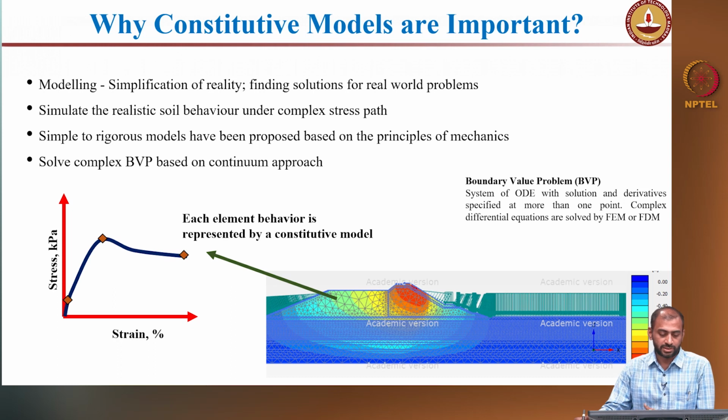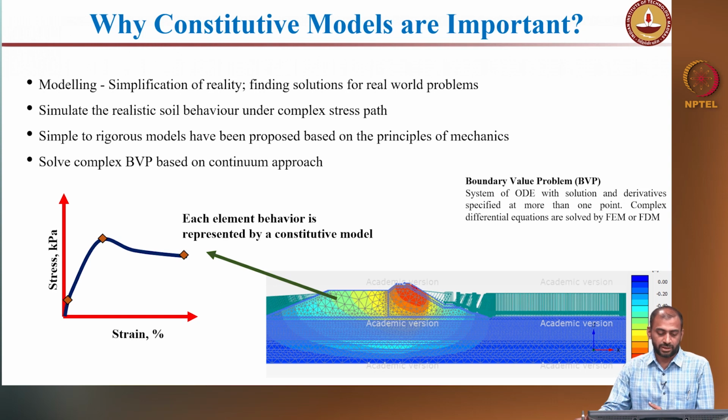And why is modeling important? Because it's hard to model any complex structures, and if you want to simplify the problem, instead of doing a lot of physical model studies, if you want to numerically solve some complex problems, we need to really go into modeling of any structure.